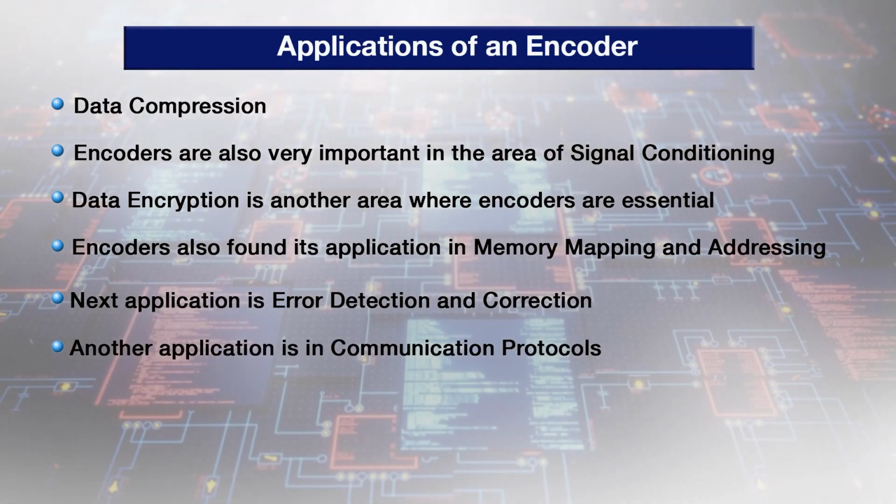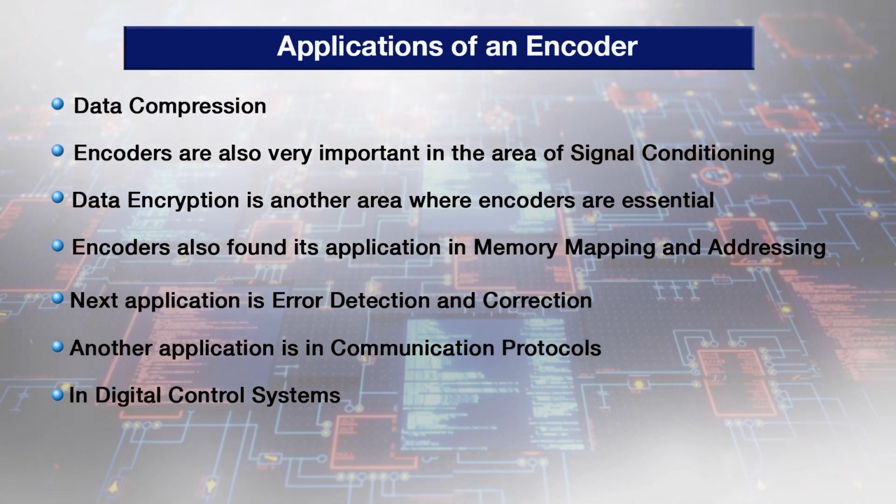Another application is in communication protocols. Encoders play a crucial role in communication protocols by encoding data in a standardized format for transmission over a network. This ensures that data is transmitted reliably and decoded correctly at the receiver end.